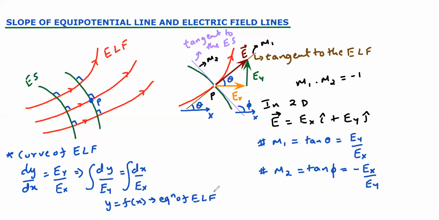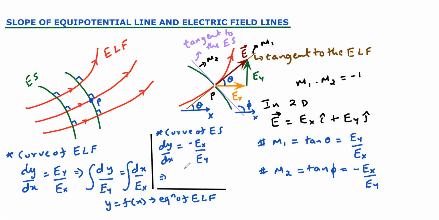Now similarly, if I try to find the curve of the equipotential surface, dy by dx is going to be equal to minus Ex by Ey, and from there you will get the integral of Ey dy is equal to minus the integral of Ex dx.